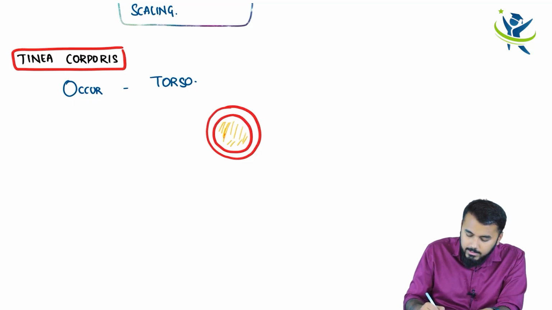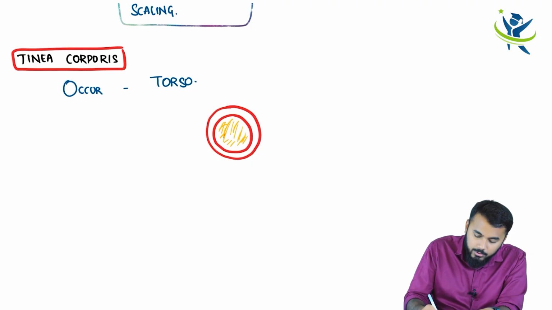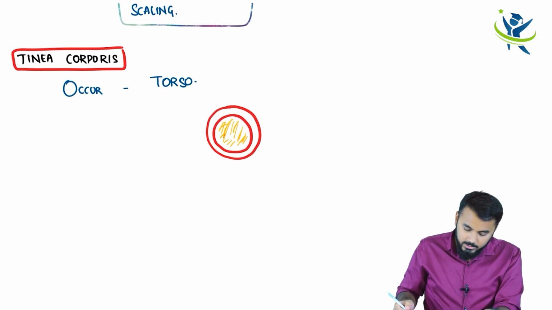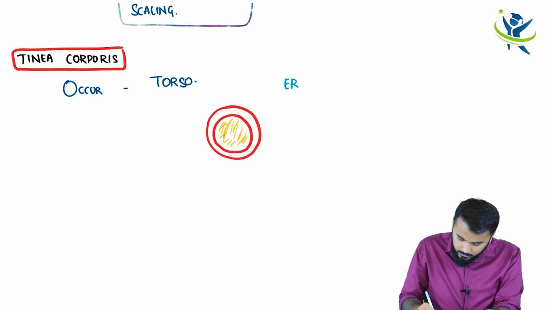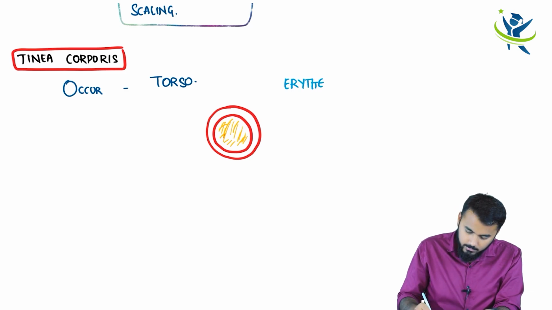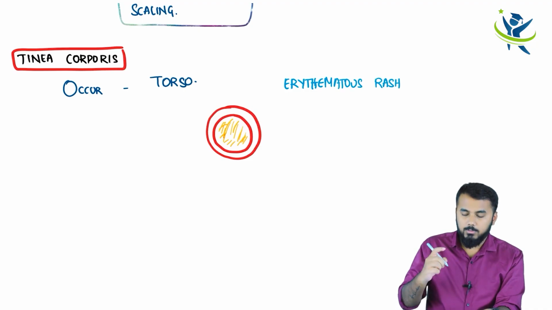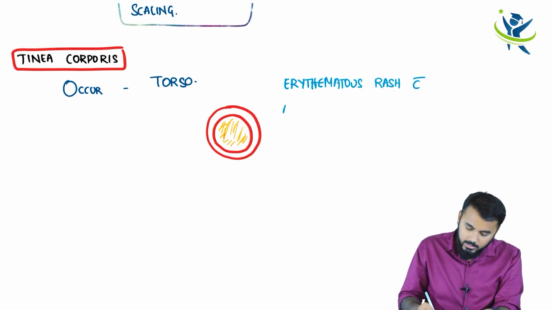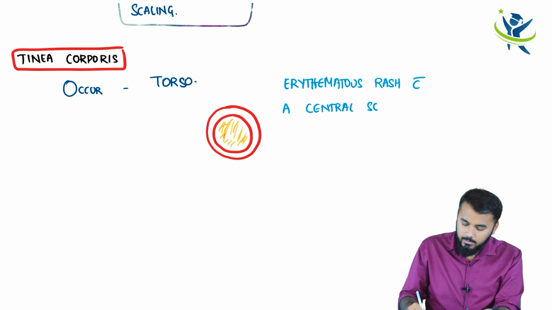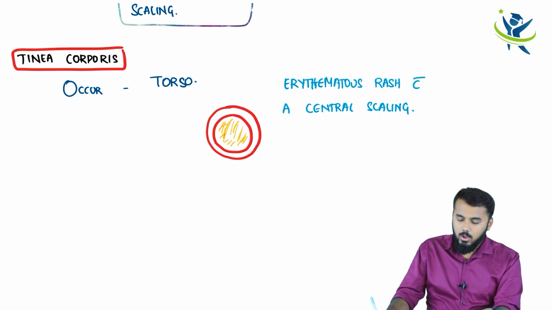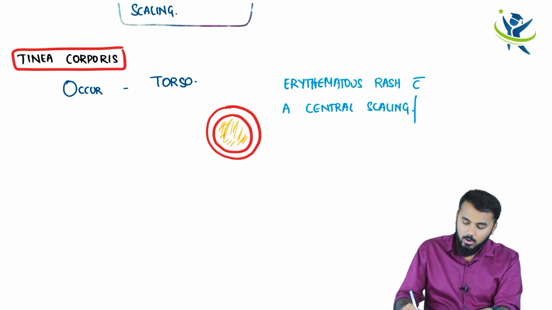There are scales in the center. So how do you depict this rash? It is an erythematous border with a central scaling, right? Or I can say central clearing, or there can be scales in the center.